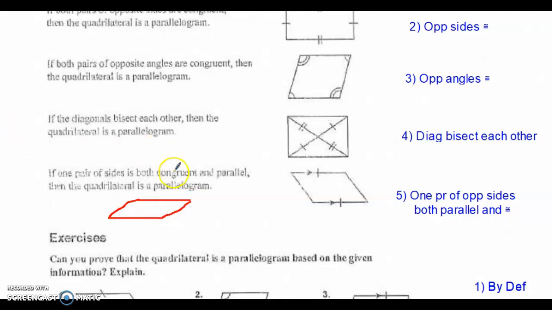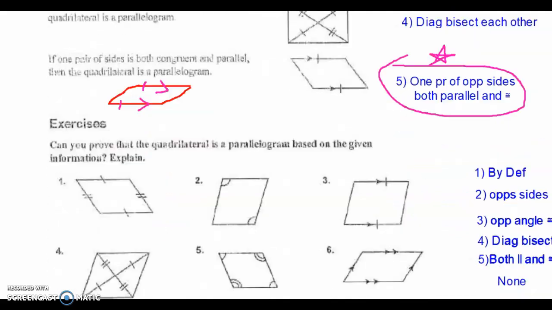Why? Well, I know that this piece equals this piece, and I know this piece is parallel to this piece because I made them both parallel lines. So property number 5 is kind of new. If one pair of opposite sides are both parallel and congruent, then this has to be a parallelogram.